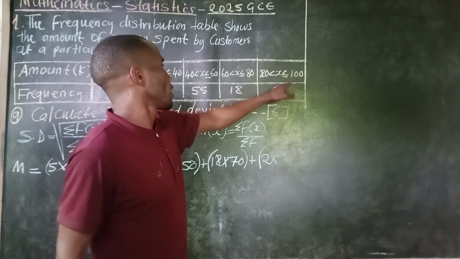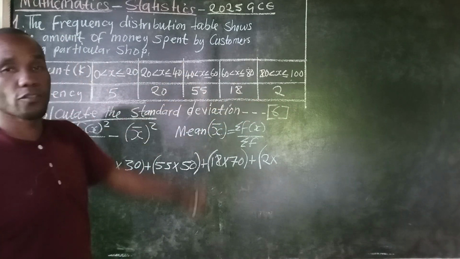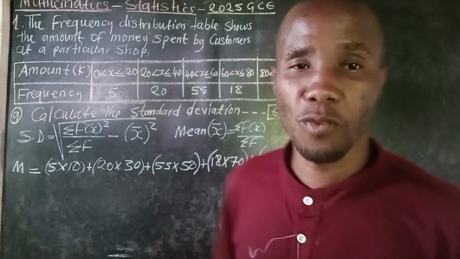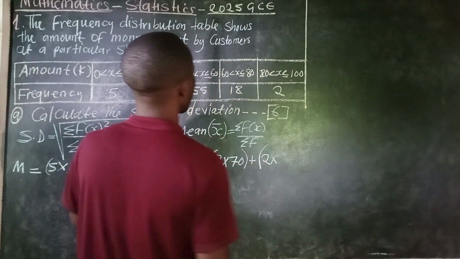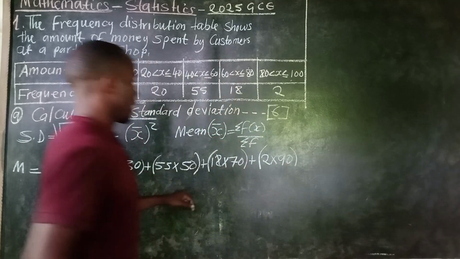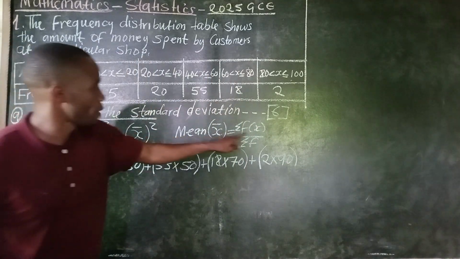So midpoint is this is 118, so divide by 2, 180 divided by 2, we are going to have 90. Okay, so 90 is our midpoint. So 2 times 90.